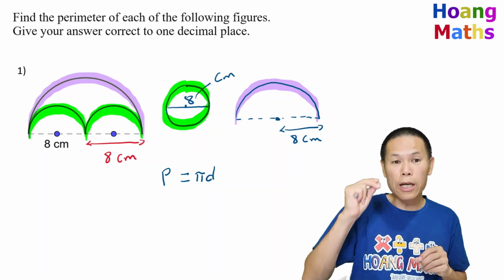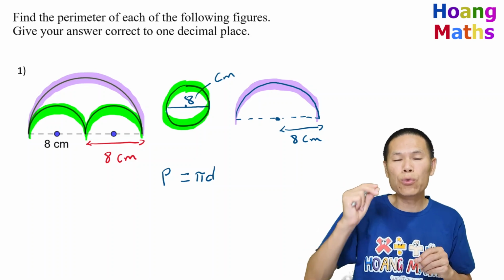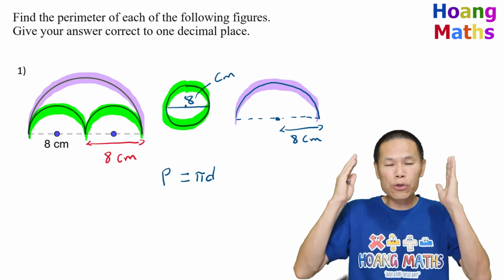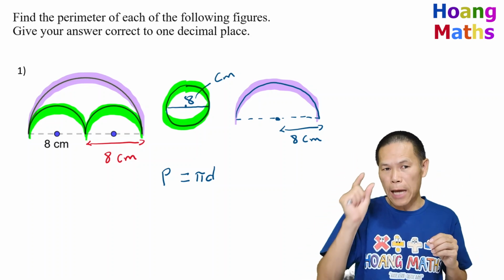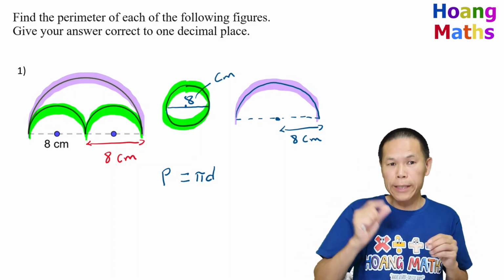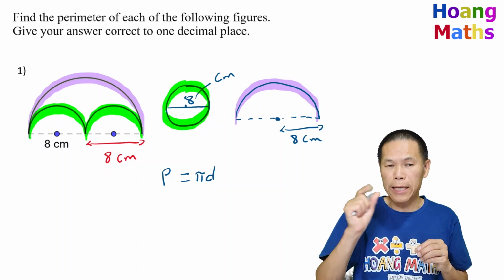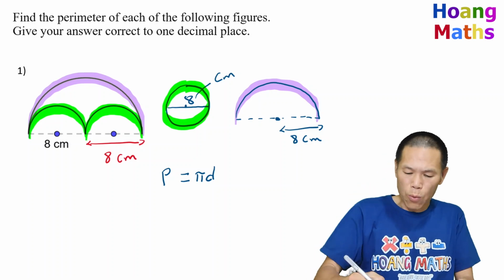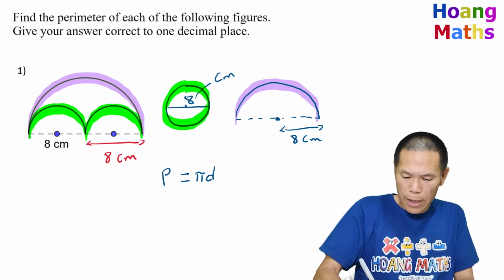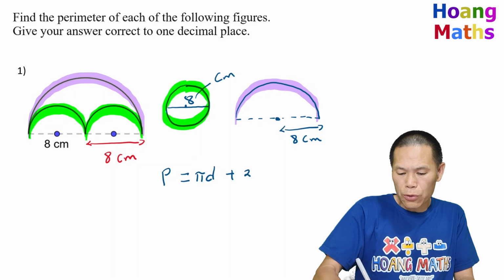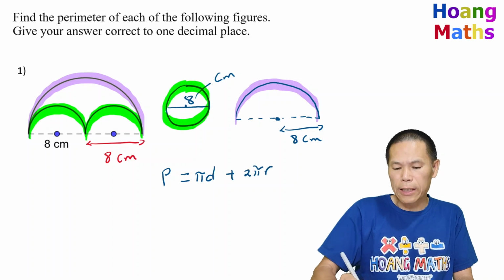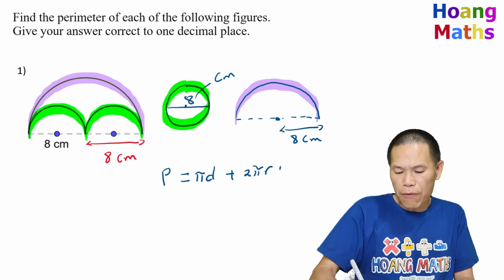We can use circumference of a circle is 2 pi r, or you can use pi d if you wish, but then the diameter will be 16 centimeters because 8 plus 8 is 16. Otherwise, I can just use 2 pi times the radius. Then we only have half of the circle, which is times by half.